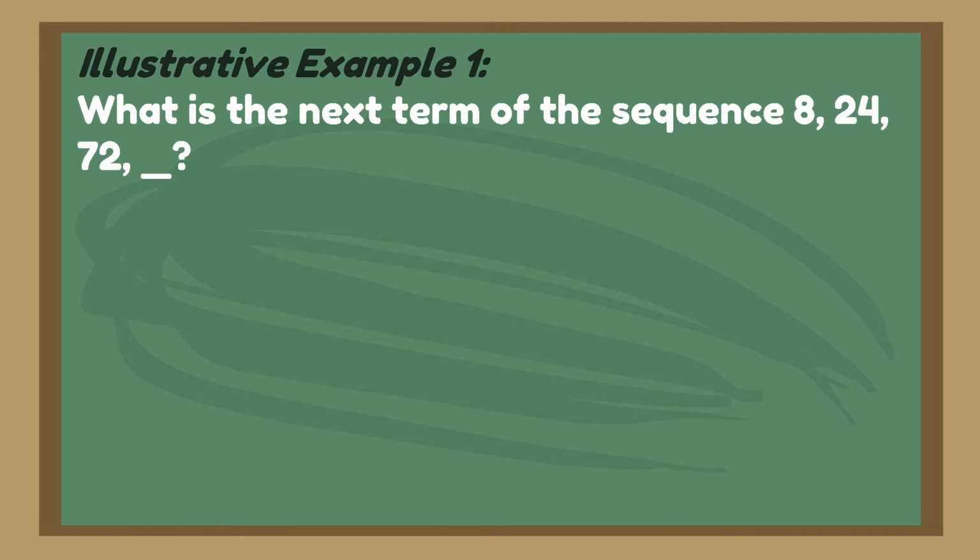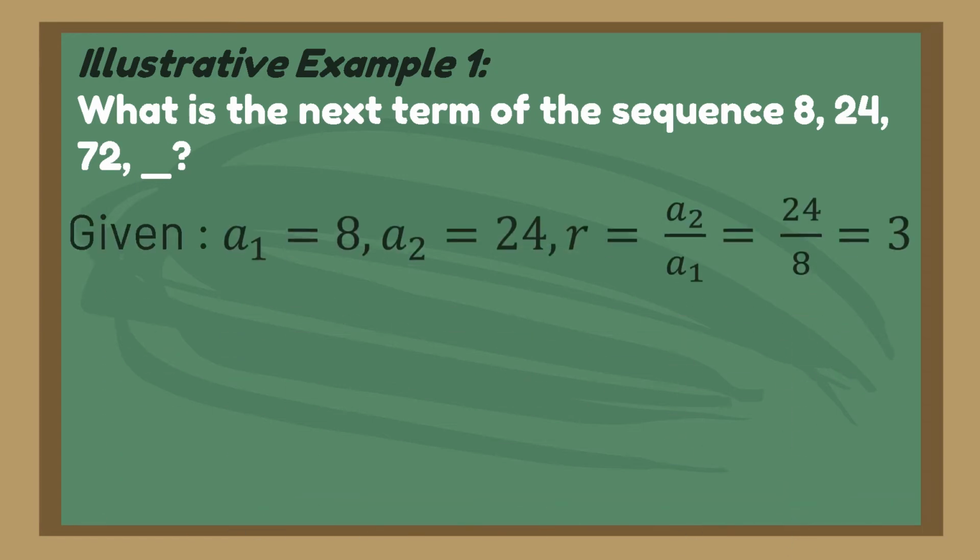Let's have illustrative example number 1. What is the next term of the sequence 8, 24, and 72? The given are the first term or a sub 1 is equivalent to 8, the second term which is 24, and to get the common ratio, divide a sub 2 by a sub 1. So we have 24 divided by 8, the common ratio is equivalent to 3.